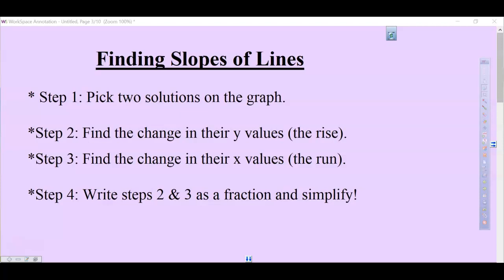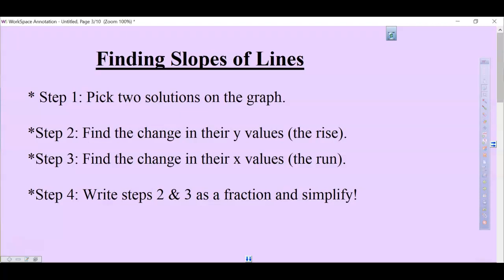Then we're going to take the y values and find the change in the y values. Or if we're given a graph, we'll find the rise. It's the same thing. Step 3, we're going to find the run. In other words, we're going to find the change in the x values from one point to the next. Step 4, easy peasy. We're going to take what we found in steps 2 and 3, write it as a fraction, and simplify.